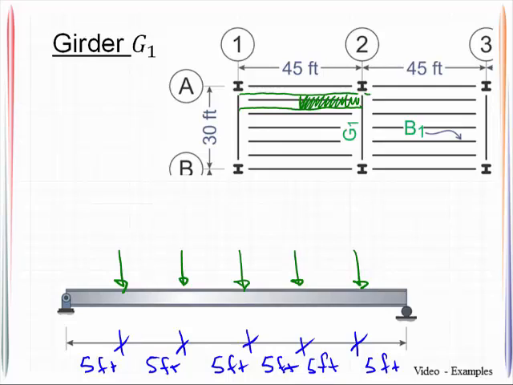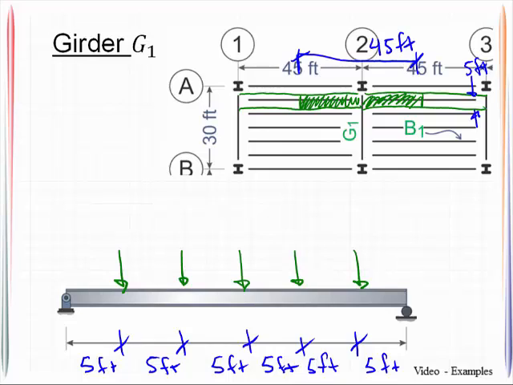And then of course we have a beam on the other side, and half of that will go to girder G1 as well. And so that overall length right there is 45 feet. It gives 22.5 feet from each side. And of course, this is 5 feet.